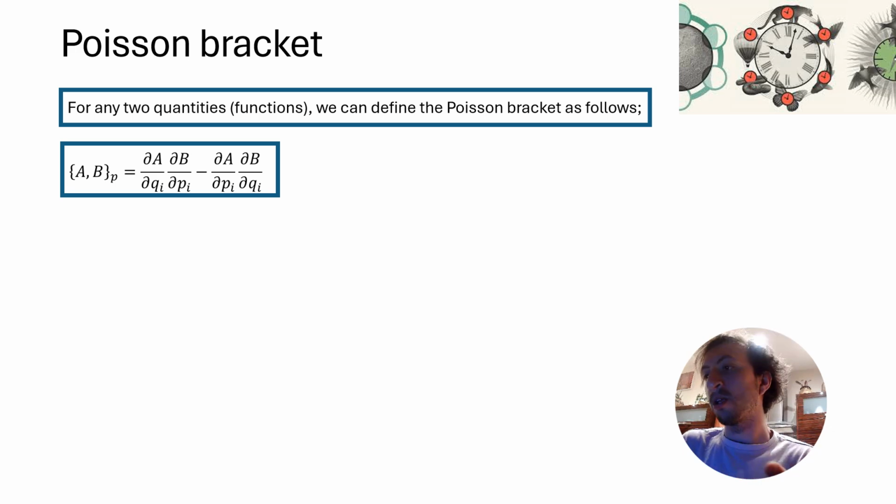But this gives us a Poisson bracket for quantities A and B. Now A and B relate to something about the state of the system, so it could be energy, position, velocity, or functions, things like the potential energy, but A and B are some quantities, and we define for any two quantities A and B that their Poisson bracket is given here, where you'll notice that the Poisson bracket makes explicit reference to generalised position and associated conjugate momentum.